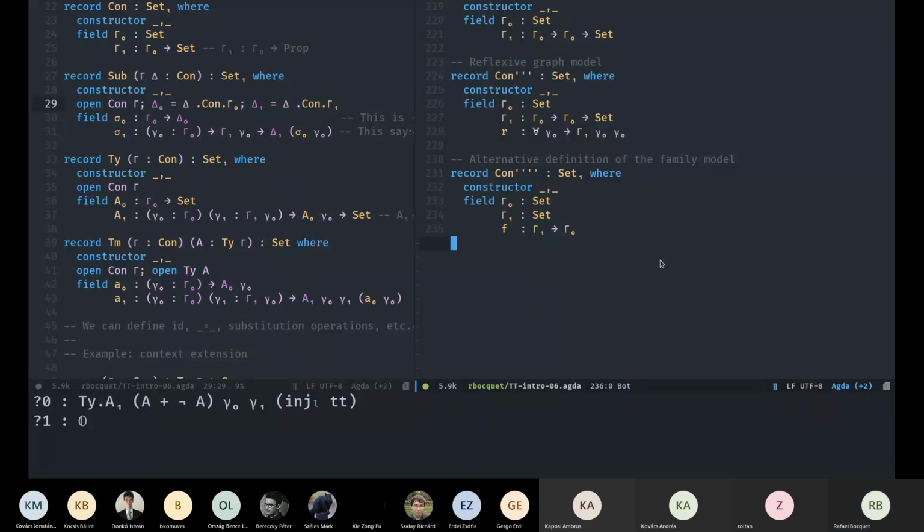And so this is equivalent because I can give the two functions. On one side we use a sigma type to replace the family gamma 1 by the set of pairs of elements in gamma 0 and gamma 1.